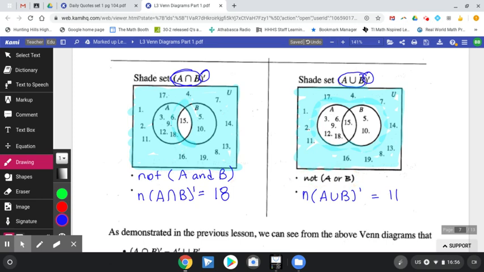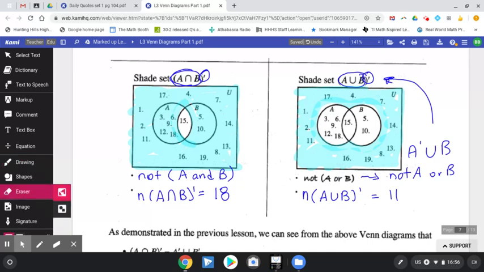If I didn't have the brackets, let's say I had, and again, don't write this, but let's say I had not A or B, that would have a different meaning. That would be complement of A union B, which is different than what we're working at right there. So make sure that you understand the brackets are important on that one.